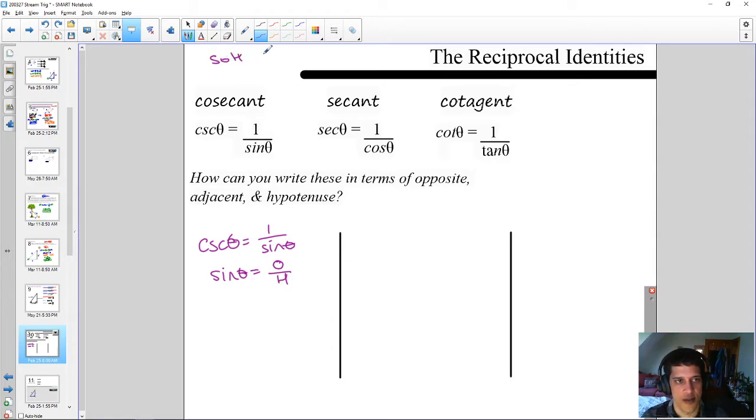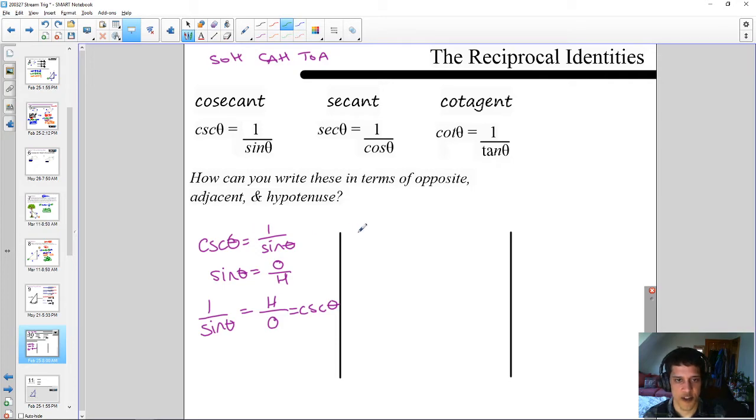Whenever you take the inverse of a fraction, it's the same as taking the reciprocal. You flip it upside down, okay? So the reciprocal of sine theta is going to be cosecant theta, and that's hypotenuse divided by opposite.